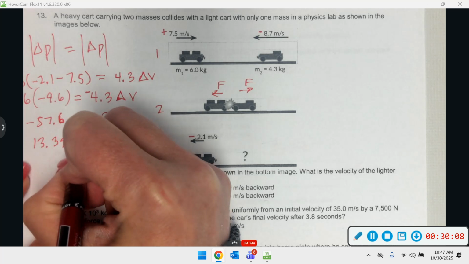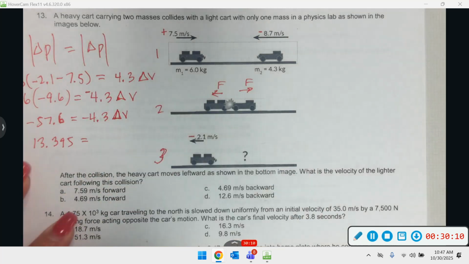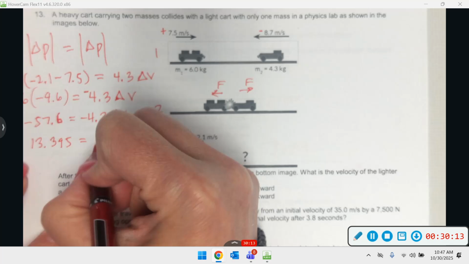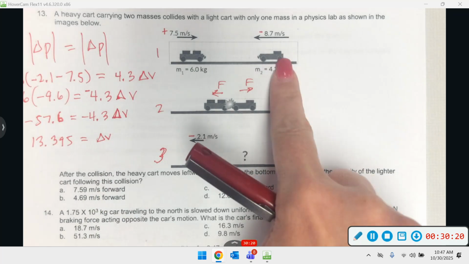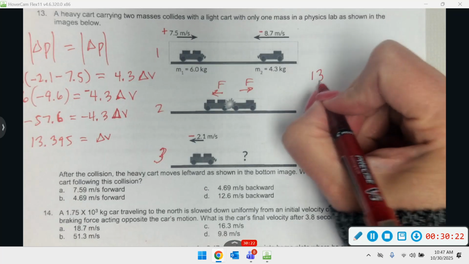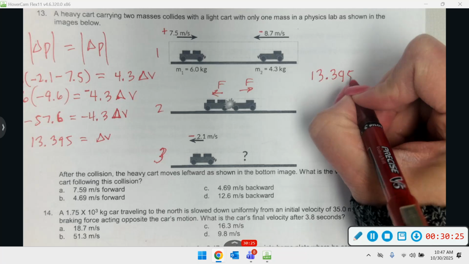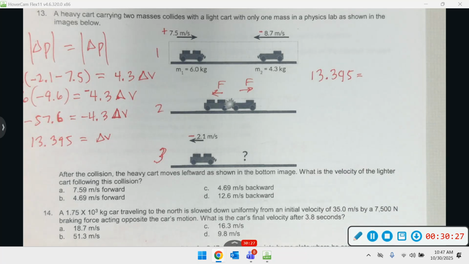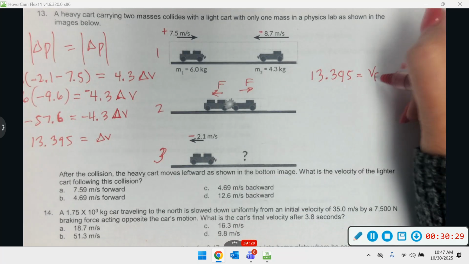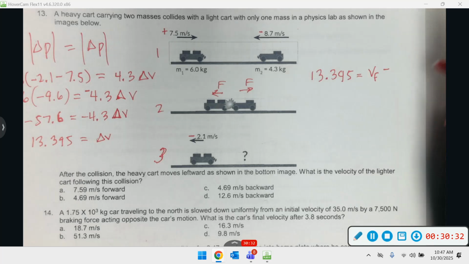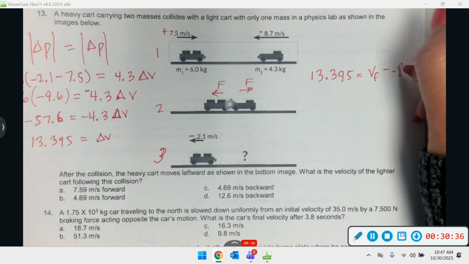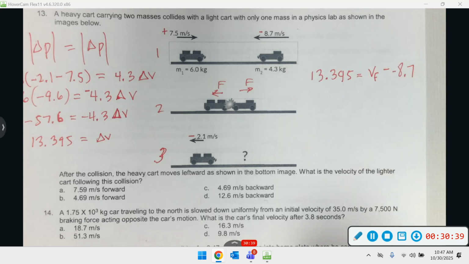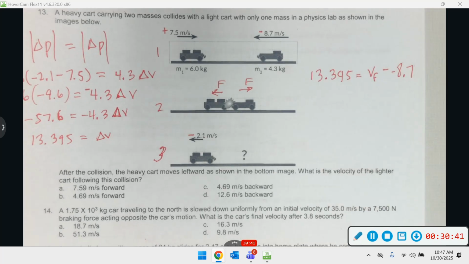So this is going to be 13.395. I've rounded that a little bit, equals delta V. That's what I got when I divided both sides by negative 4.3. So that's my change in velocity for this cart. Now let's go ahead and use that. 13.395 equals VF minus VI. VF is what I'm trying to find. I don't know its final velocity, but I do know its initial velocity is negative 8.7 because it's in the picture, and I'm subtracting negative 8.7.